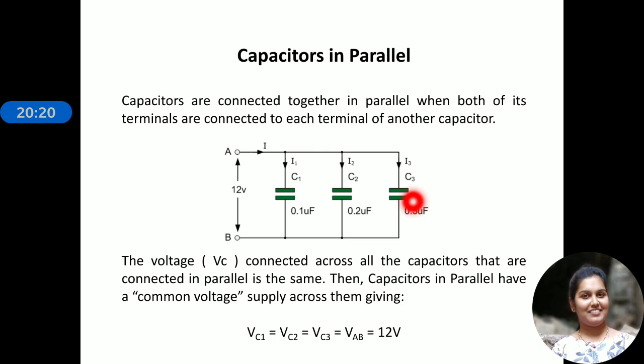So the capacitors in parallel have a common supply voltage across them: Vc1 is equal to Vc2 is equal to Vc3 is equal to the supply voltage VAB, which is 12 volts. All the voltages across the capacitors will be equal to the supply voltage.